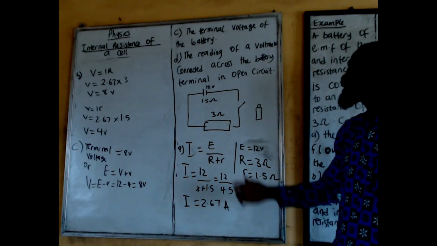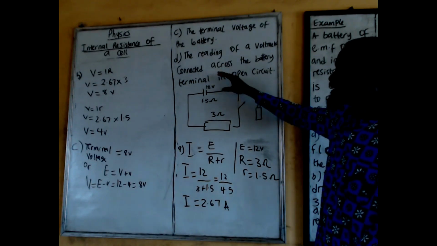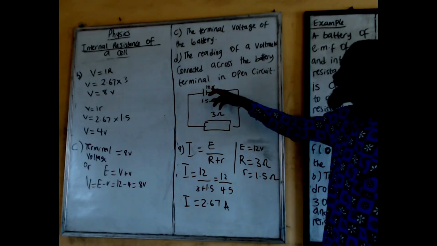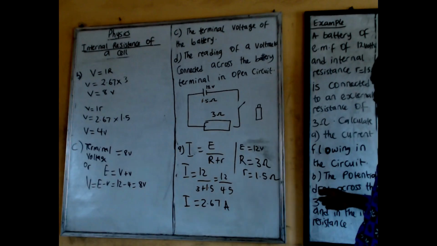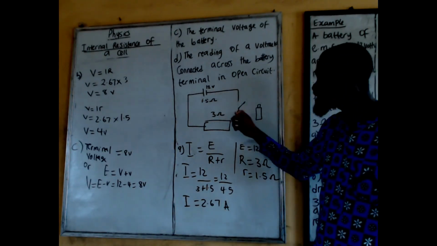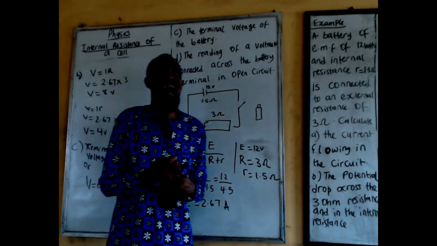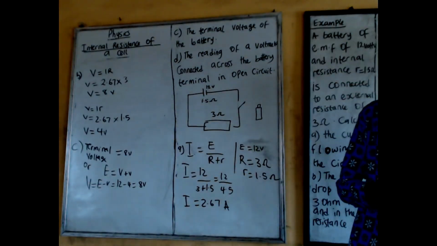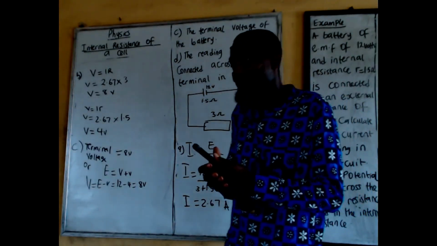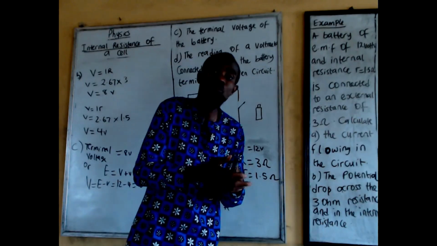Cool. Definitely, because it's in an open circuit, the voltmeter will give you the direct reading, which will be the EMF of the cell. And the EMF of the cell is given as 12 volts. We have earlier defined EMF of a cell as the potential difference across its terminals when it is in an open circuit.